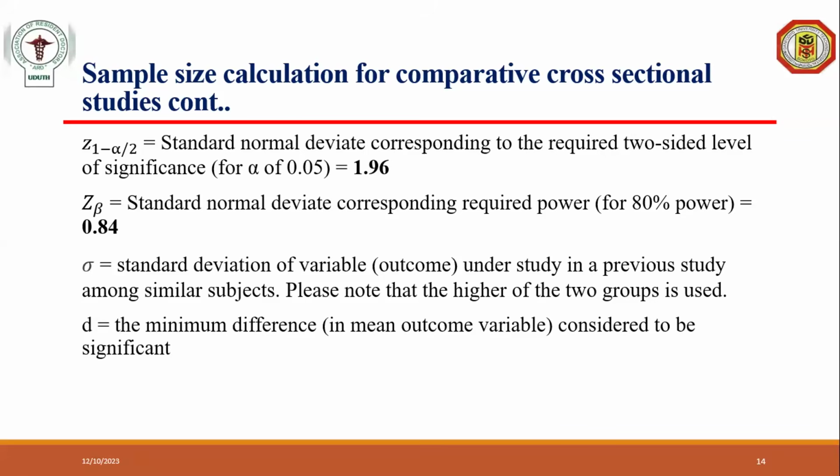Then D is the minimum difference that's considered to be significant. Now, here you are not going to use 5% precision for this type of formula. In this case, you are going to use the difference that is considered significant. For example, you want to measure the mean knowledge of hypertension between rural and urban population.